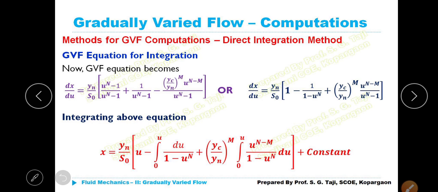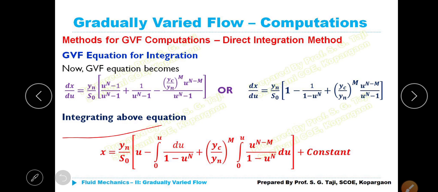That means dx by du is equal to (yn divided by S0) whole multiplied by [u to the power of n minus 1 divided by u to the power of n minus 1] plus 1 upon [u to the power of n minus 1] minus (yc by yn) whole to the power of m [u to the power of N minus M divided by u to the power of N minus 1].